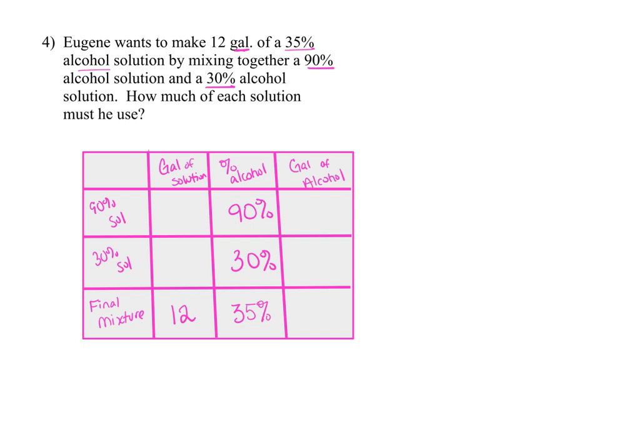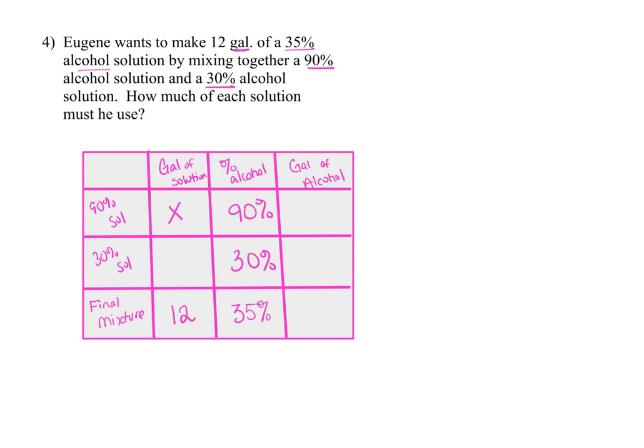It says how much of each solution must he make? Do I know how much of the 90%? I do not. So I'm just going to put a variable there. All right? I do know the total is 12. So let's say that first x there was 4. What would the second one be that I don't know? 8. What did you just do to get 8? 12 minus 4.